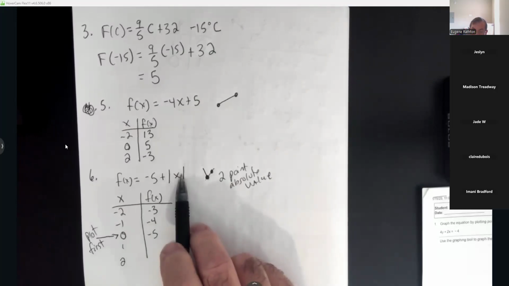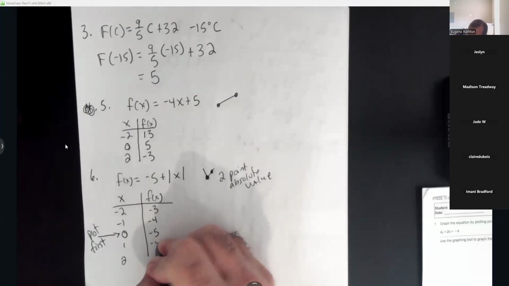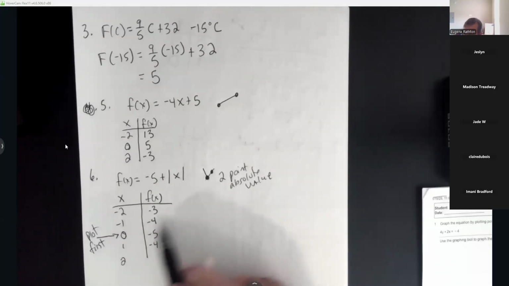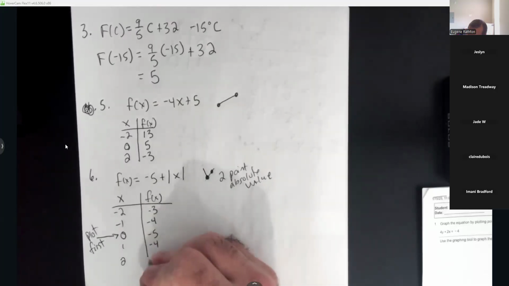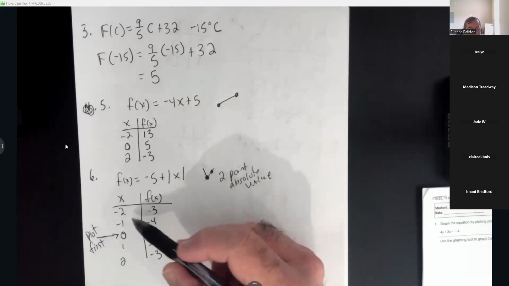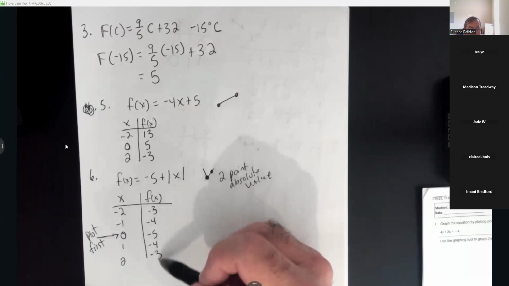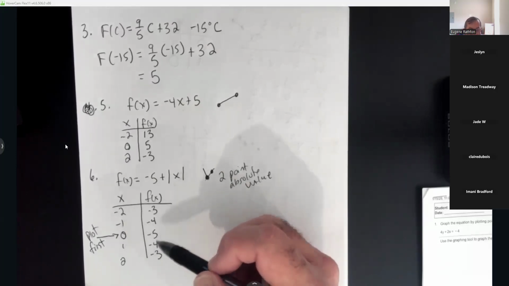All right, let me put a 1 in. Absolute value of 1 is 1. -5 plus 1 is -4. So see, the -1 and 1 both had the same y value. So let's put a 2 in. Absolute value of 2 is 2. -5 plus 2 is -3. So these graphs are symmetric. The -2 and +2 had the same value. -1 and 1 had the same value, okay?